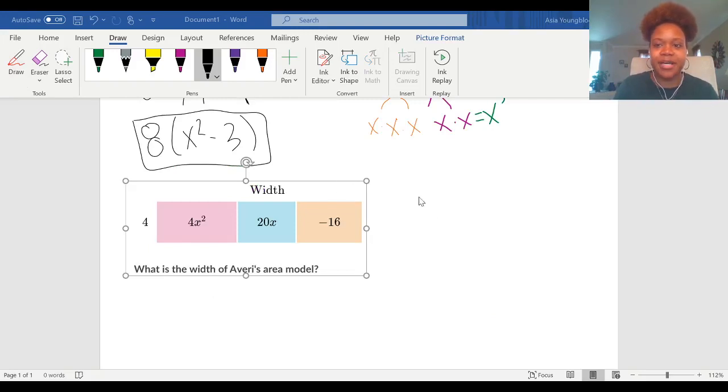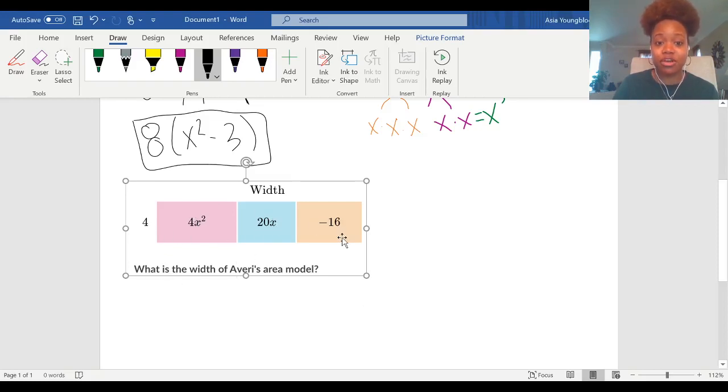This is the next problem in my Khan Academy set, and I want to actually read how it was worded on Khan Academy. So it says, Avery was trying to factor 4x squared plus 20x minus 16. She found that the greatest common factor of these terms was 4 and made an area model. So again, she's factored out 4 because that's her greatest common factor.